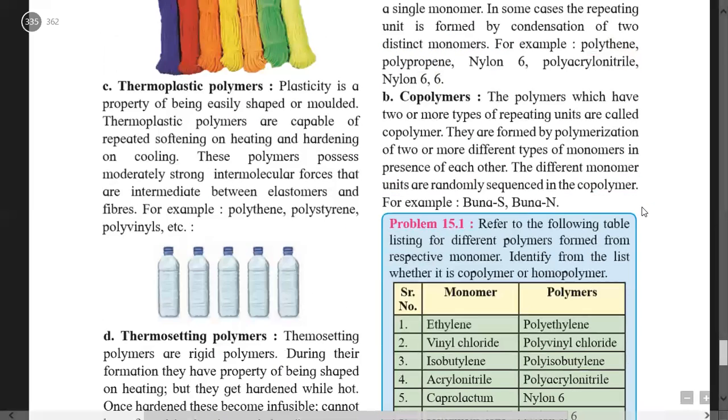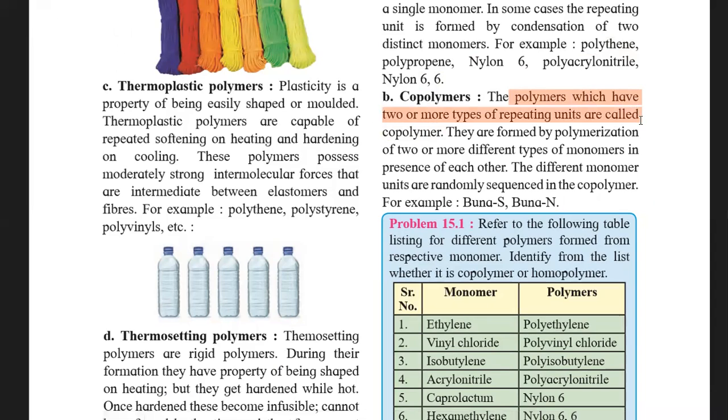The second type is copolymer. The polymers which have two or more types of repeating units are called copolymers. They are formed by polymerization of two or more different types of monomers in the presence of each other.